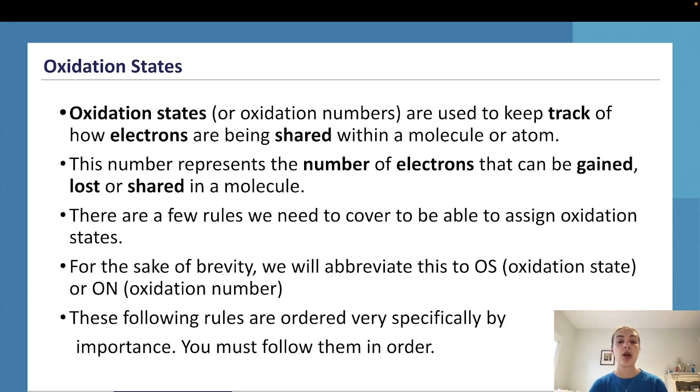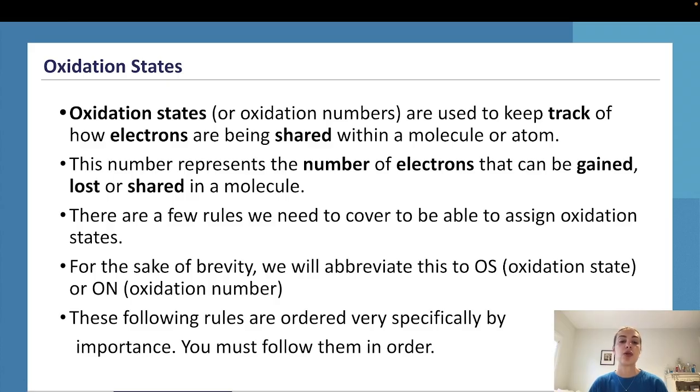There are a few rules we need to cover in order to assign these oxidation states. We'll talk about those in a minute, and it's really important that you follow them in order, because they have quite a specific structure and are ordered by levels of importance and priority.